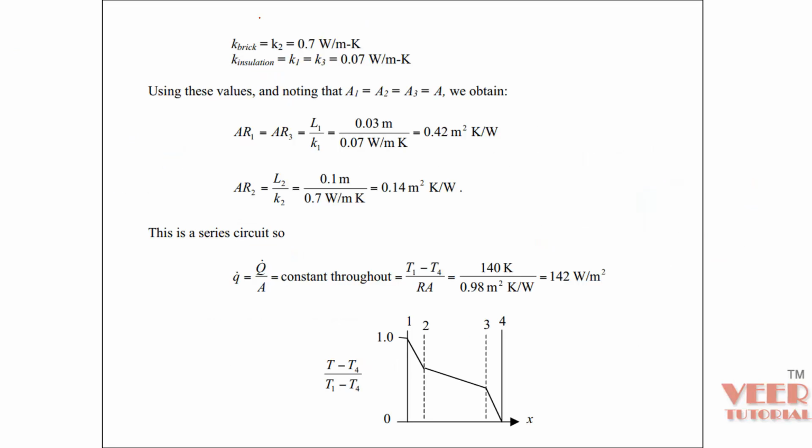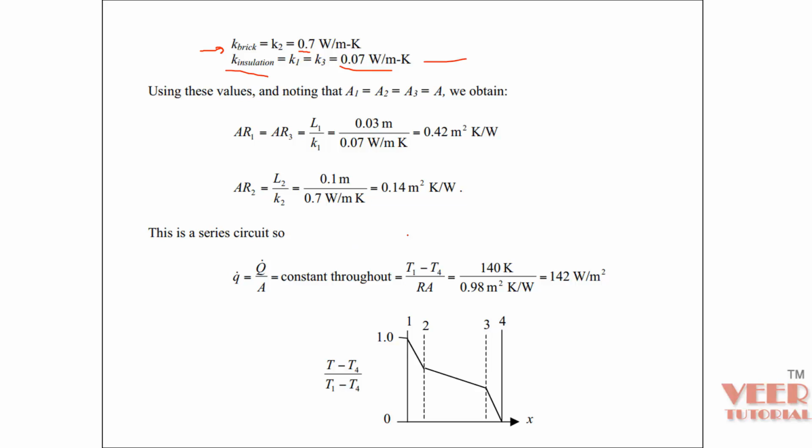Also the thermal conductivity is given. For the brick the thermal conductivity is 0.7 and for the insulation this is 0.07. And always you see whenever there is insulation on something, its value of K will be very less. It will be much closer to 0. When we have very little value of K, it will provide a good thermal insulation.